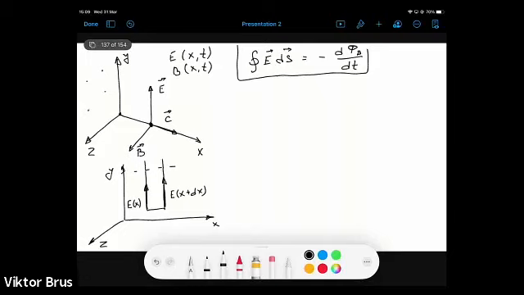And here we have the width of the rectangular dl, and this is the length of the rectangular L. So we will integrate this.